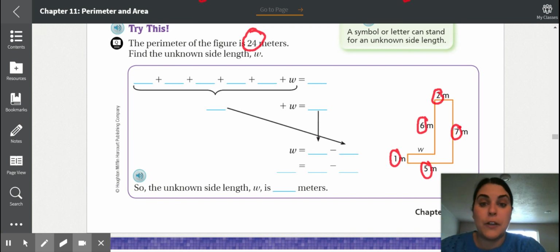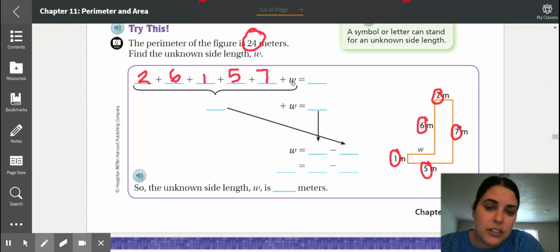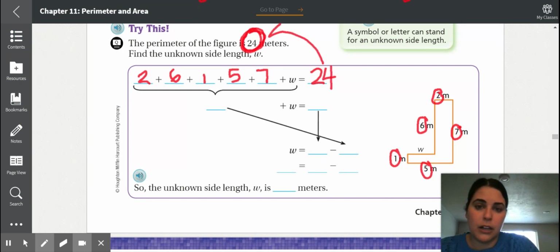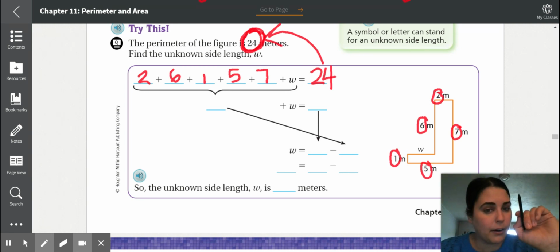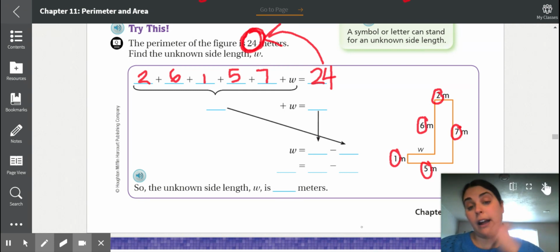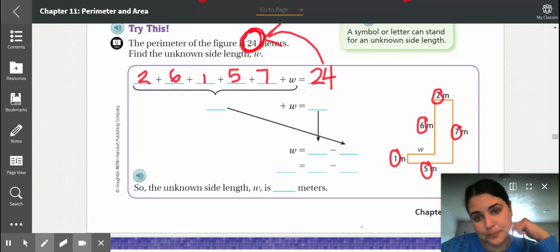Let's add all of those first. 2, 6, 1, 5, and 7. And then plus W will have to equal 24. Okay, that's where we got this number from the problem. It's telling us that everything added together is 24. So we need to figure out what is side W. What does that equal?